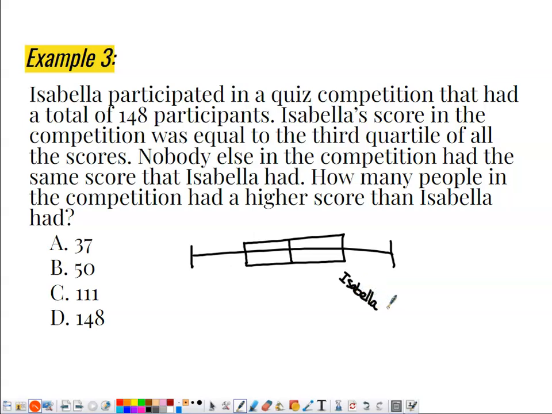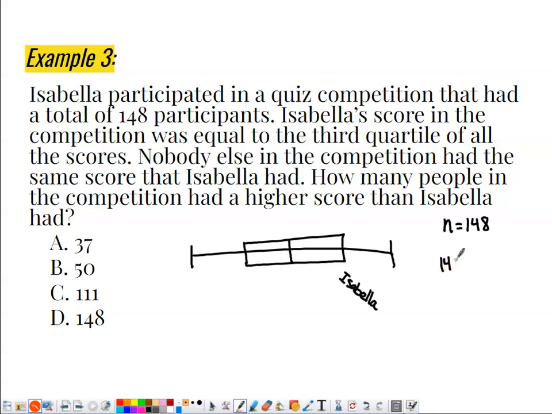Okay. We know there's 148 participants in total, so n is equal to 148. We also know the definition of box and whisker. Each section is 25% of the data, right? So to figure out how many students are in each section, I can take that 148 and multiply it by 25%. That's the same thing as dividing by 4.